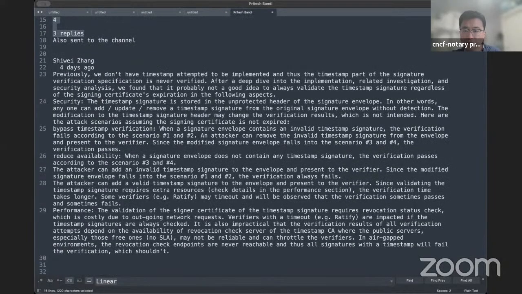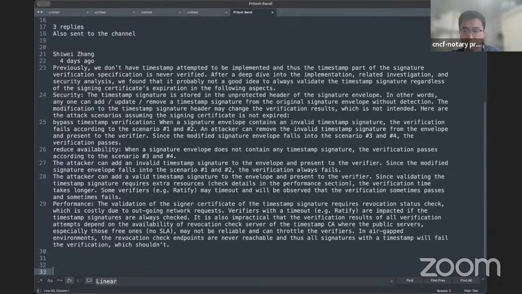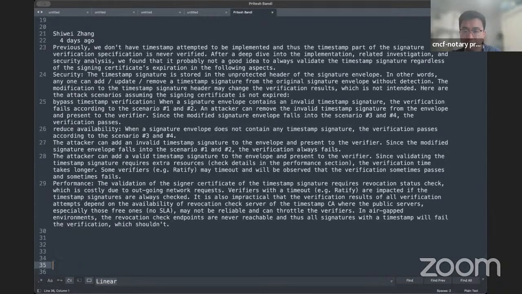Pritesh, would you mind explaining again the additional scenario that always checking the timestamp will prevent? Yeah, so let's say you are using a short-lived signing certificate of one month, or a year roughly. Let's assume one month for this scenario.